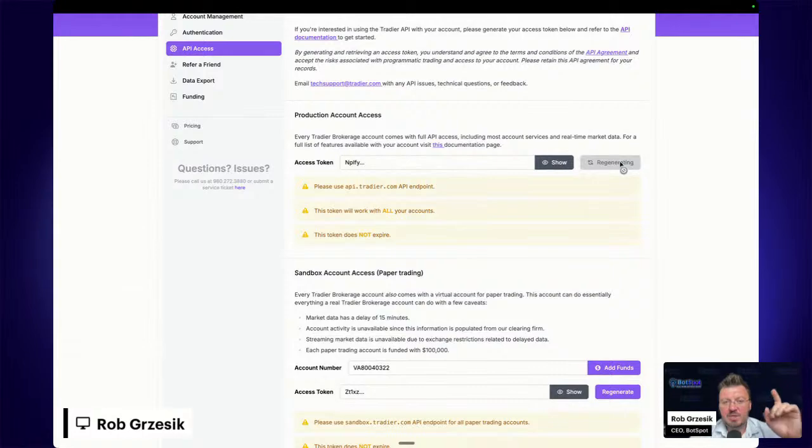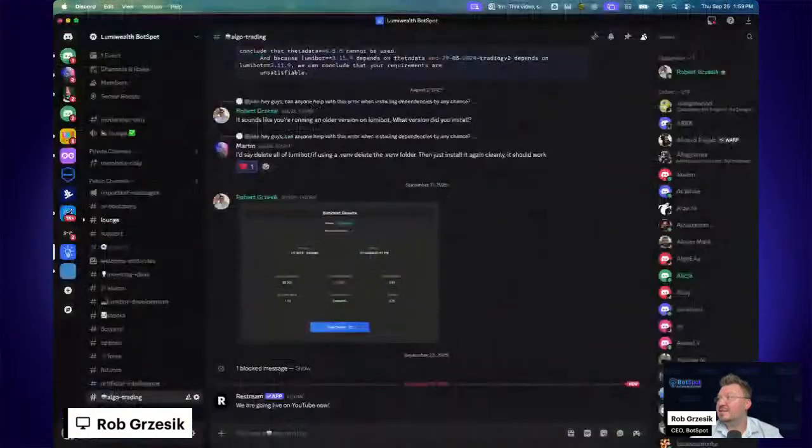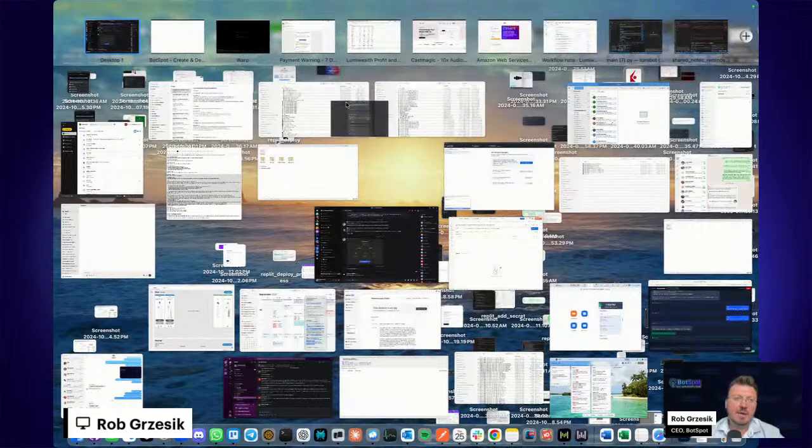What I'm going to do is regenerate this. And then I'm going to move this off the screen for a quick second because this is sensitive information. I do not want to share this with everyone. So I'm going to copy my access token, hide it again, and then put it in here. Boom. Okay, there we go. All right.